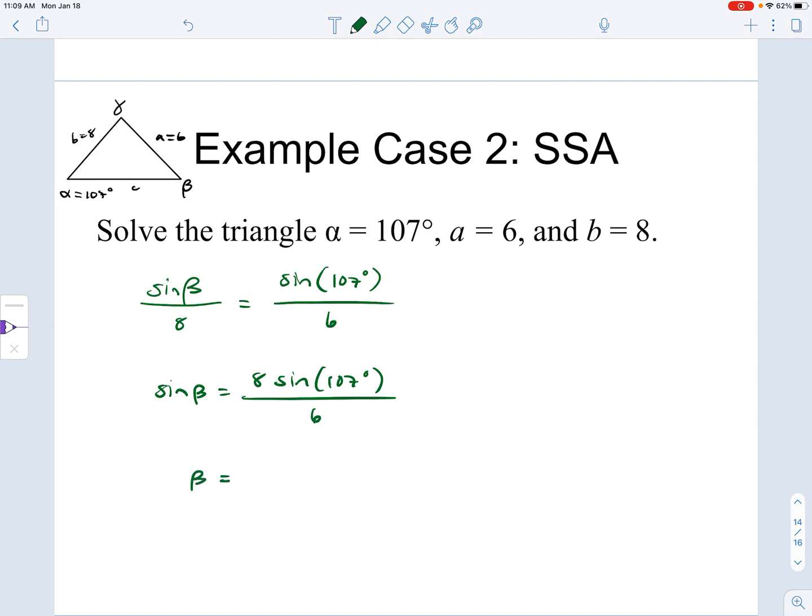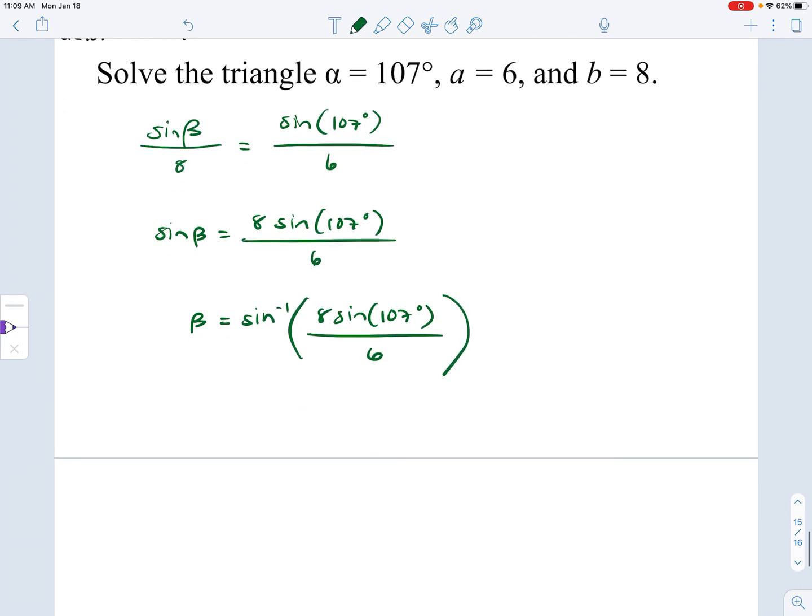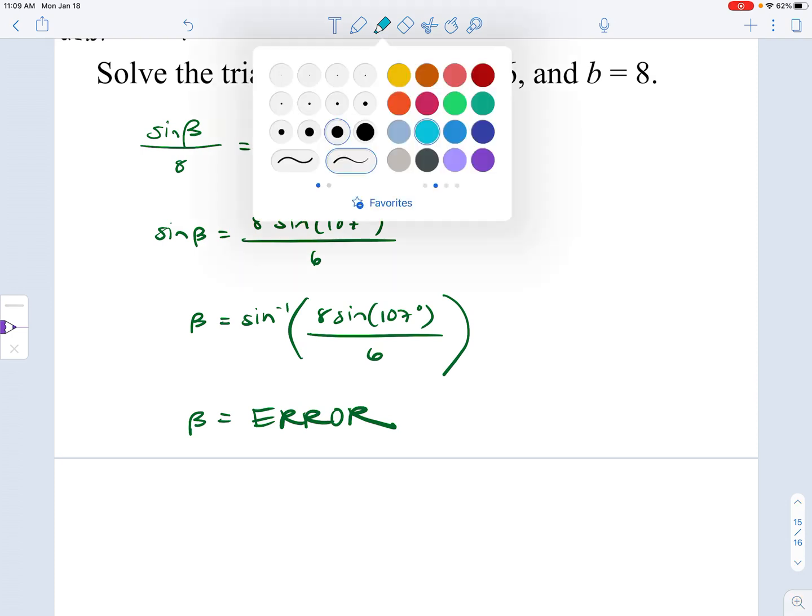And then multiplying by 8 on each side of the equation, we'd have beta equals inverse sine of that ratio. Now, if you type that into your calculator, you get an error message.